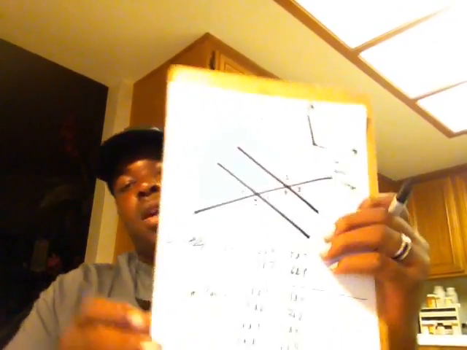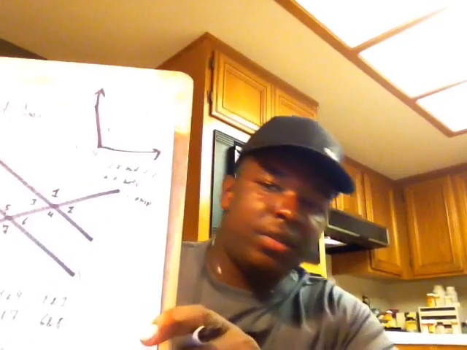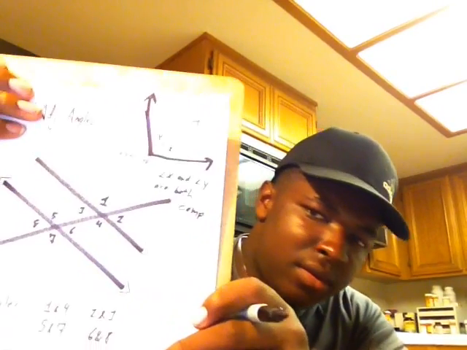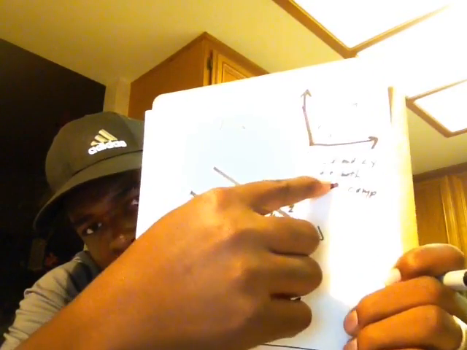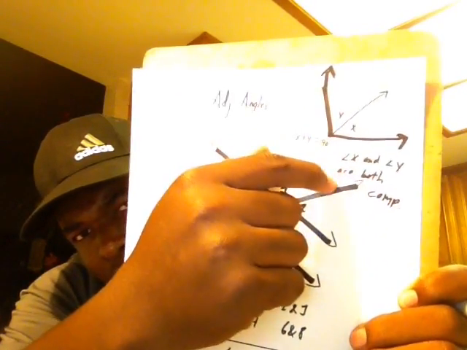We're lazy, so abbreviate complementary as comp, C-O-M-P, period. Bam. So can you see that? I think you can. I can't. Hopefully you can. Angle X and angle Y are both comp. Okay, let's go to the next page.